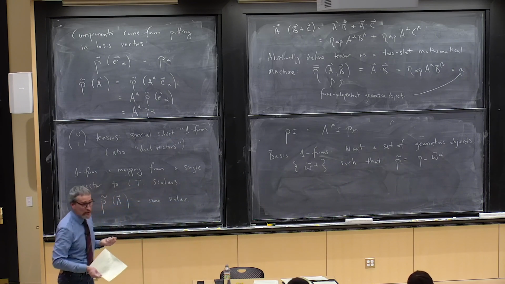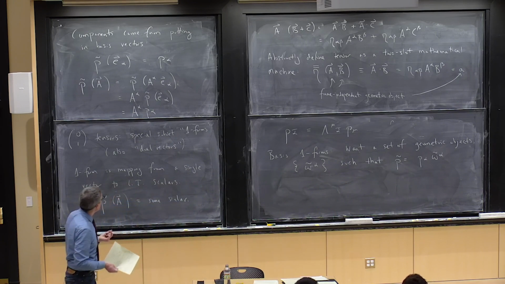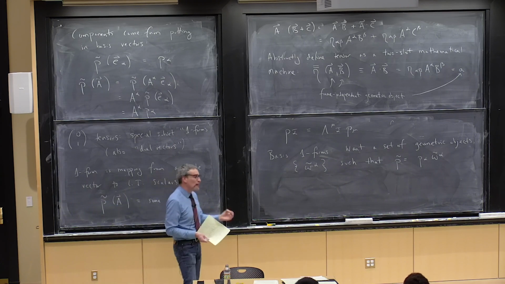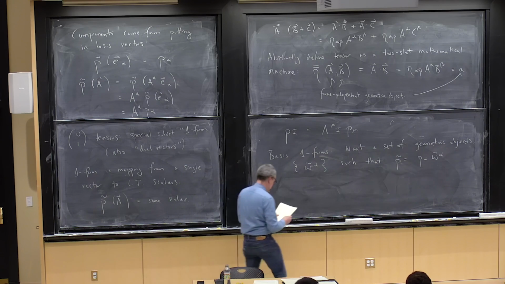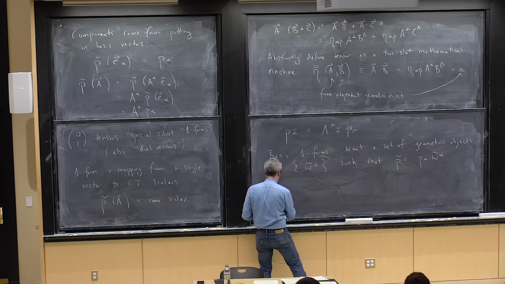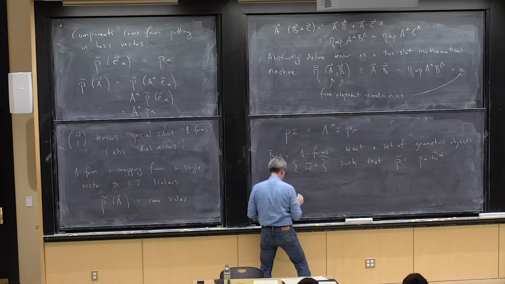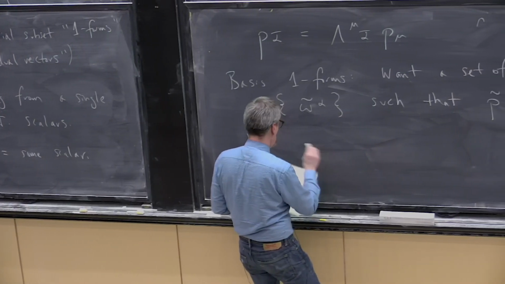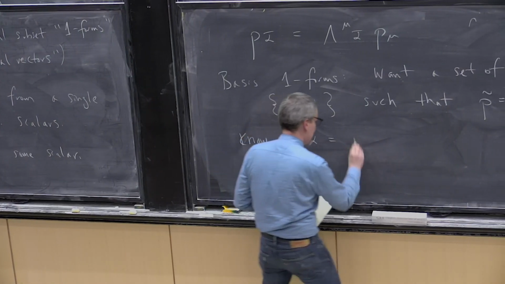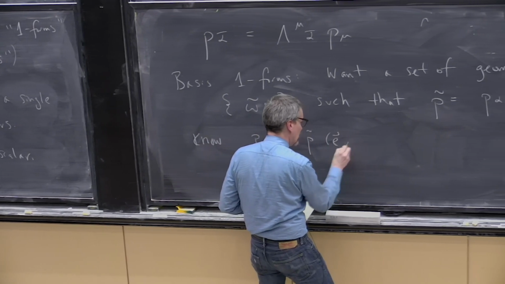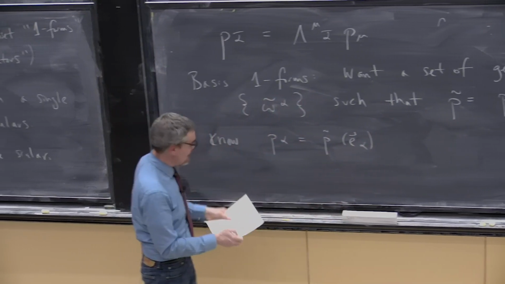Well, the way I'm going to do this is I'm going to exploit the fact that I already know what basis vectors are. So I know, for instance, that if I take my one-form and I plug in a basis vector, I get this.